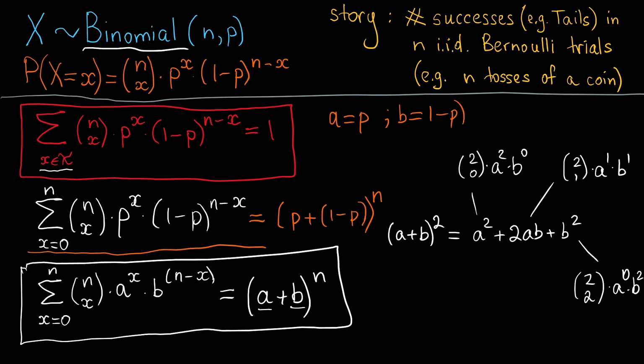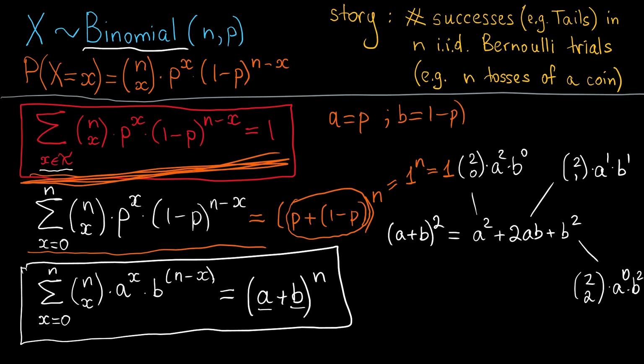Okay, but what do we have here inside the parentheses? Well, p plus 1 minus p is just 1, so this equals 1 to the power of n, which is just 1. And we have shown what we were trying to show, that the PMF of the binomial random variable indeed sums to 1 over the support of the random variable.